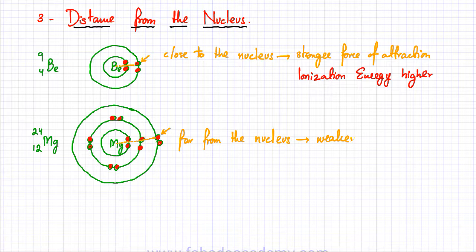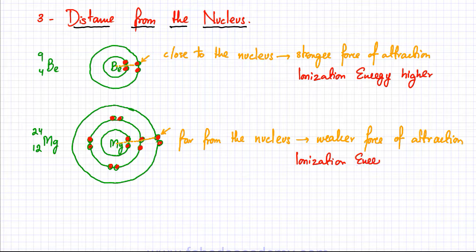The further away you are, the less attraction there is. Now that would mean that it's going to be a lot easier to remove this electron. So you wouldn't require a lot of energy to remove this electron. So ionization energy in this case is lower.